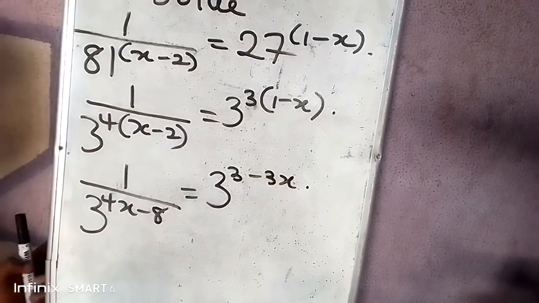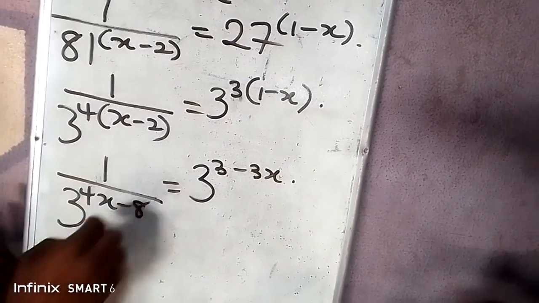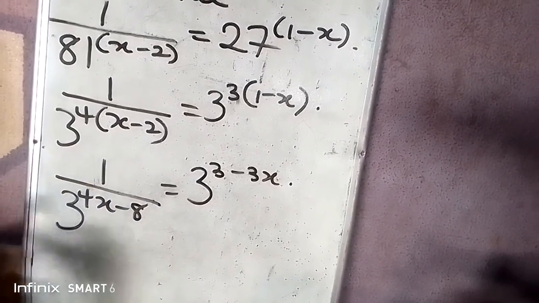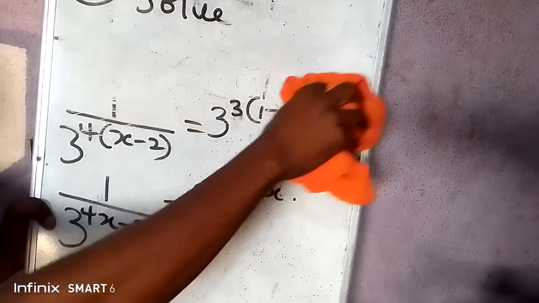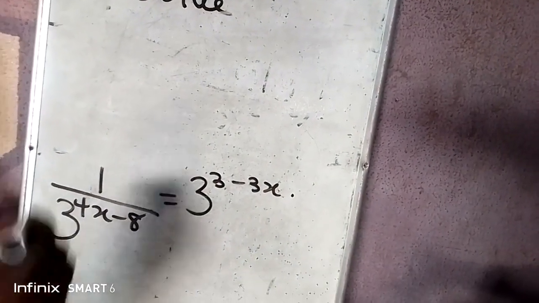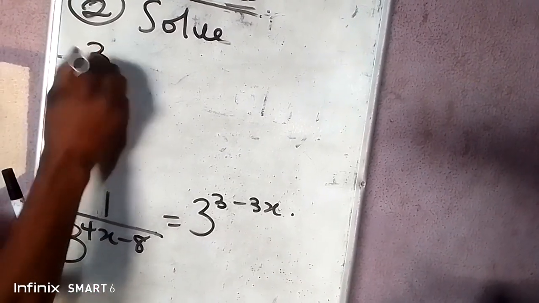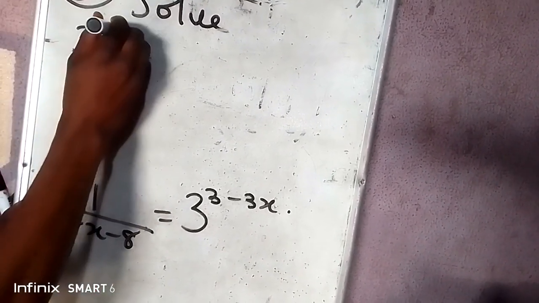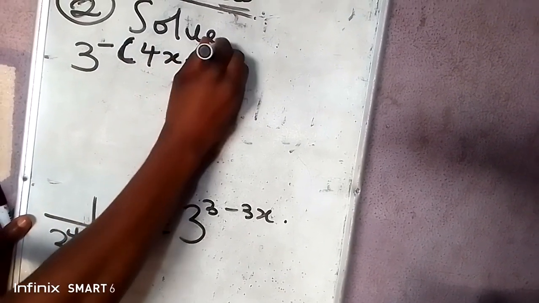Now after we've done this, we can bring this thing up. When you are bringing it up, you are advised to put this inside the bracket. That means 3 raised to open bracket minus 4x minus 8.